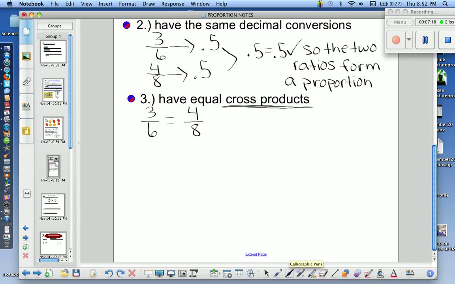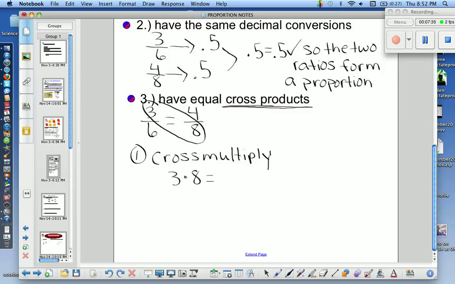So we have to multiply 3 times 8, and set it equal to the cross product of 6 times 4.